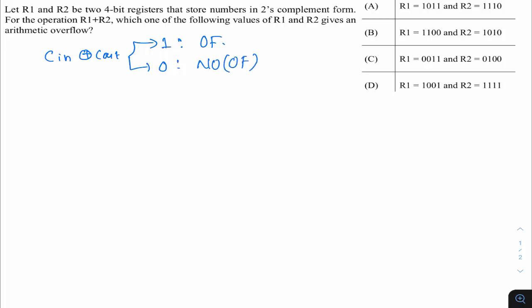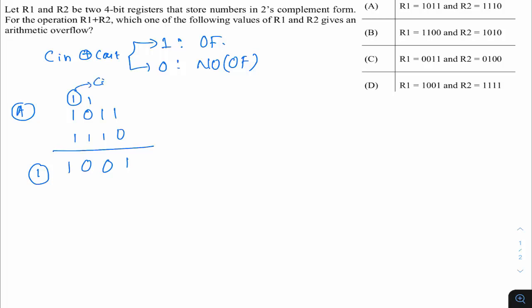So let's start with option A. Option A is 1011, which should be added with 1110, right? The result is 1001, and there is a carry out also, 1. In this case, this is your C in, which is the carry to the MSB bit, and the carry out of the result is C out.